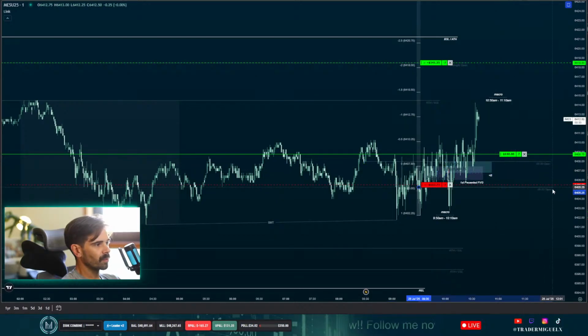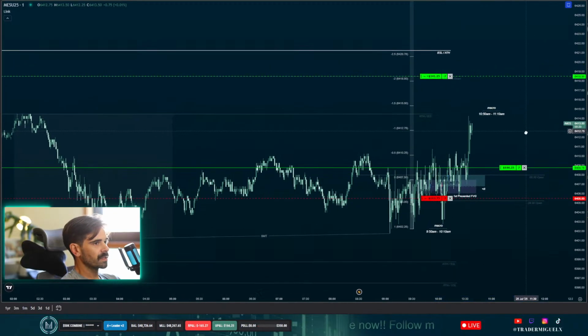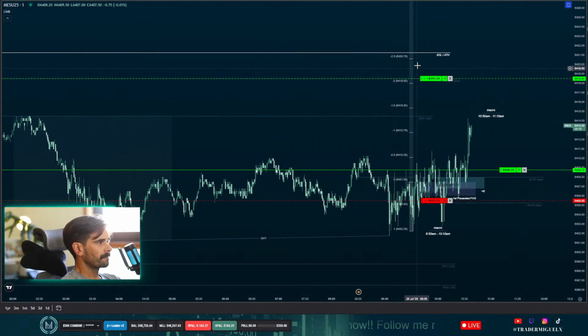At this point, I don't want to see price coming back to 830 open or this consolidation, this accumulation zone. I want to continue delivering higher, eventually to buy side liquidity at all-time highs.